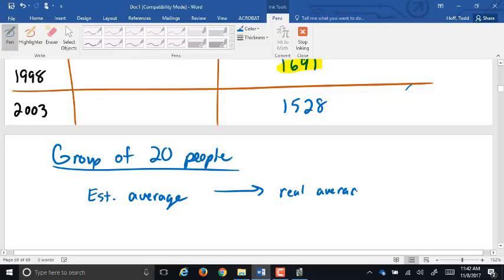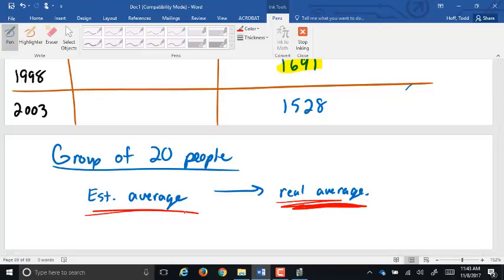Well, if you think about it, some of the people in that group of 20 will probably burn fewer calories than what the model says, but some of them are going to burn more calories. So there's a good chance that with that group of people, they're going to average out to be really close to the estimate. Remember, these estimates are giving an average person, and of course, what really is the average person, right?